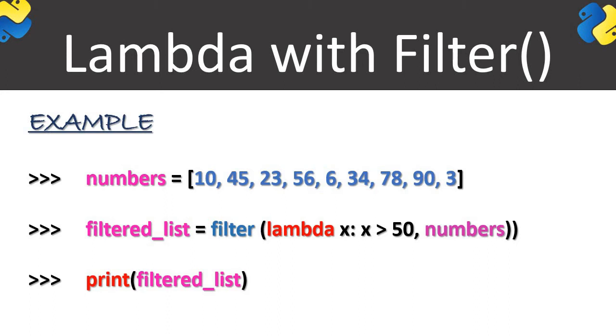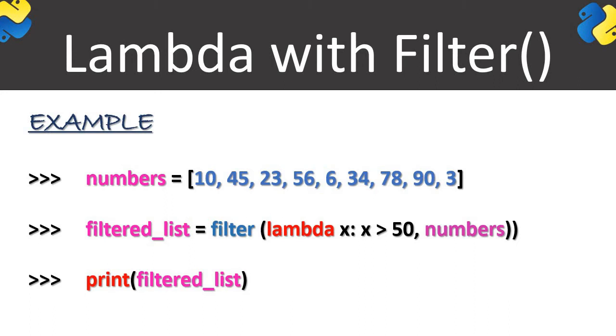This function will be applied to each and every element of this list and it will return me a new list. In this it will return all the elements which are greater than 50. So we have three elements which are greater than 50, that is 56, 78 and 90.